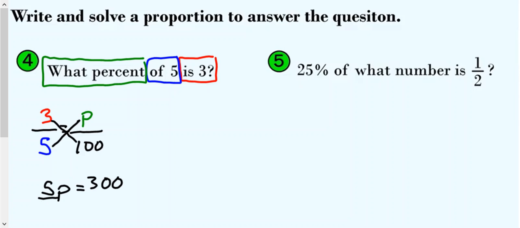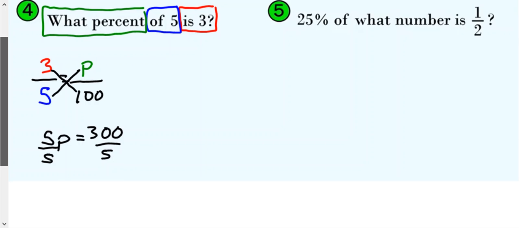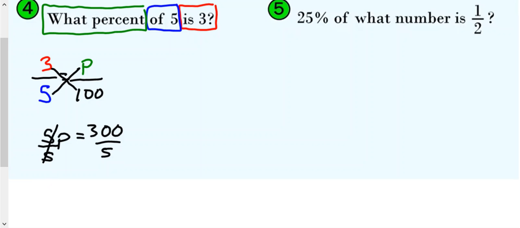And if we divide by 5, that will cancel here, leaving just p is equal to 300 divided by 5, which is 60. So that tells us that 3 is 60% of 5.